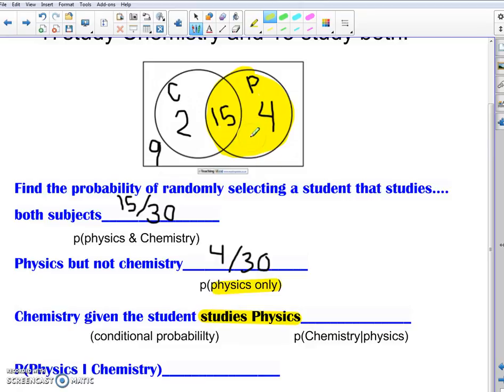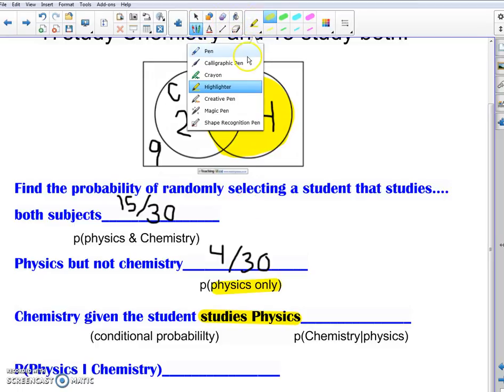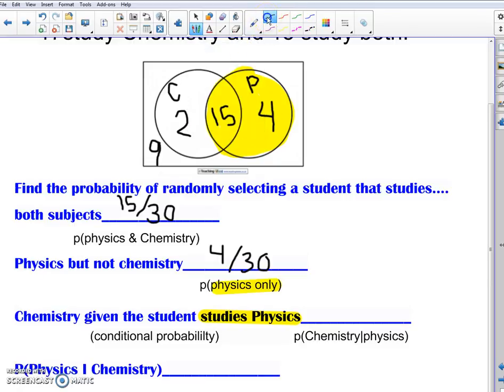I only care about the students studying physics. Out of those 19, I want to know how many of them study chemistry as well, right? So chemistry, given that they already study physics. So again, there's 19 that study physics, and out of those 19, only 15 of them study chemistry.